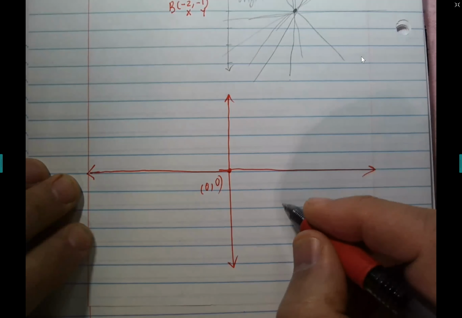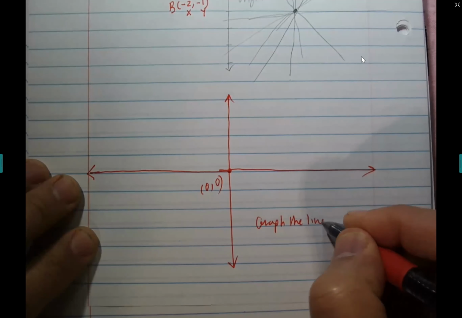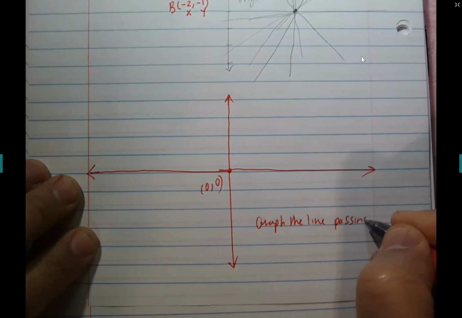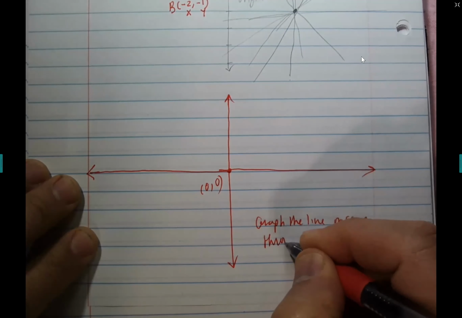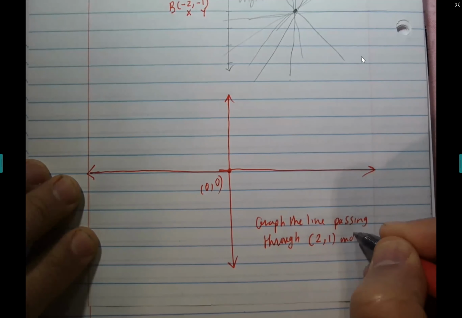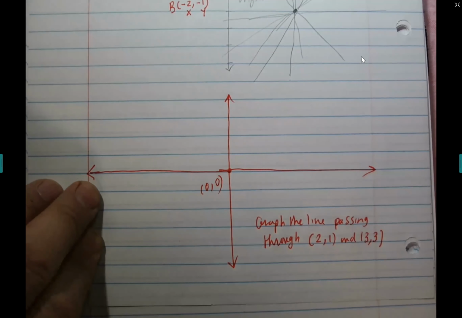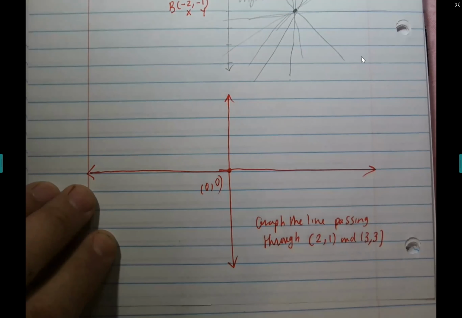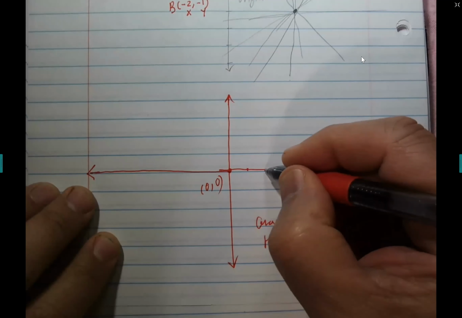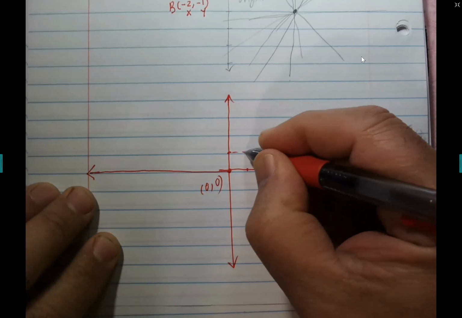Okay, graph the line passing through 2, 1, and 3, 3. That's the line. Okay, let's see it. 2, 1, guys. You graph 2, 1: 2 units to the right, 1 unit up. That would be the first point right here.